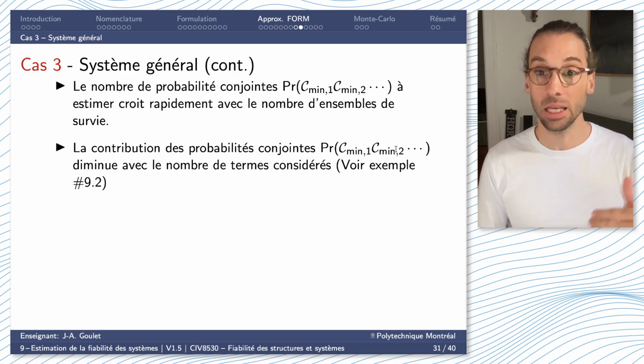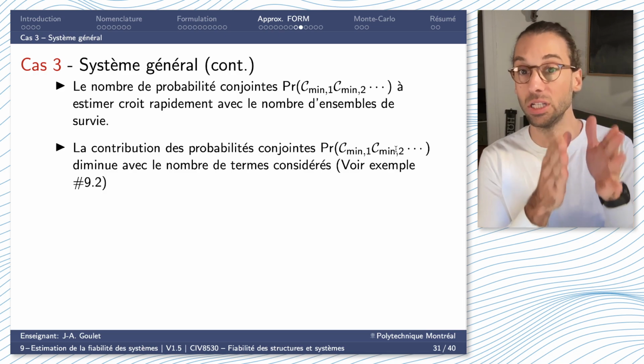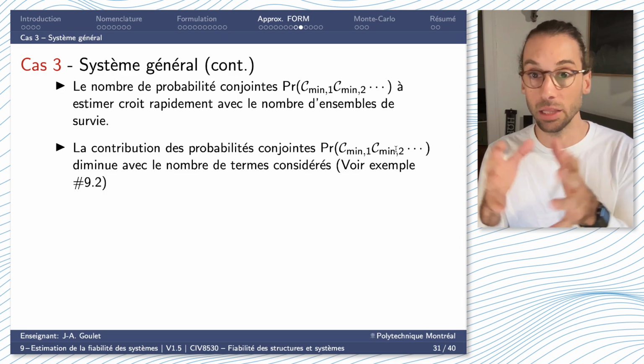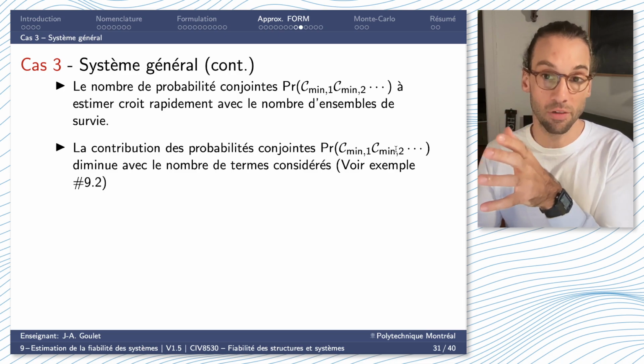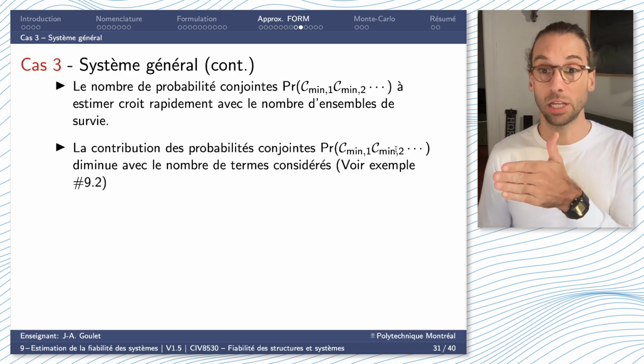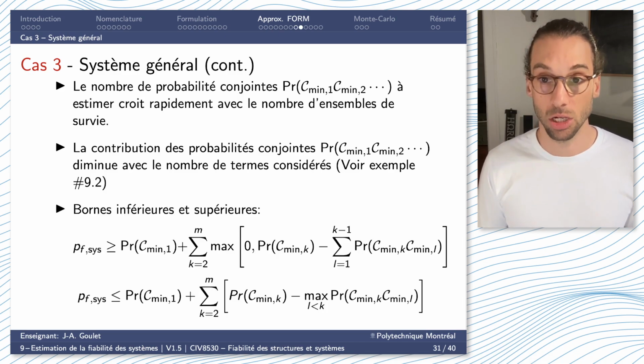Basically it means that we're going to have a very good approximation, typically even after considering only the first sum of the probabilities for the individual cut sets. All the other events, for pairs of cut sets and triplets of cut sets, have a really quickly decreasing contribution. So even if we don't do all the calculations and consider just a subset of them, we're going to get a fairly good approximation.